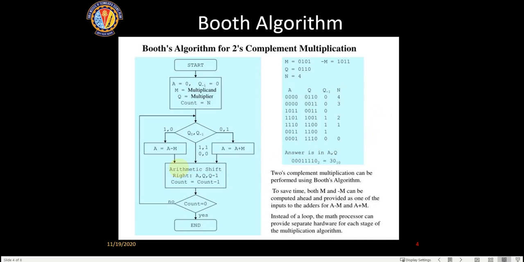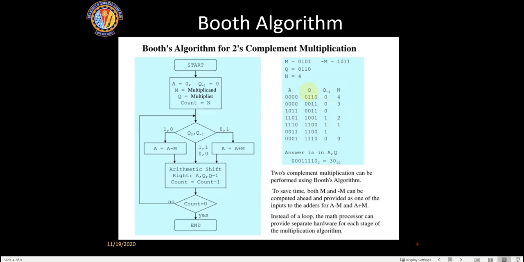We'll keep shifting, like last time we learnt, we are going to shift it 4 times. Similarly here also we are going to shift it 4 times, like we did in the last class. It is just the extension of the sequential multiplier which we did last time. Here also we are going to shift and do the operations.